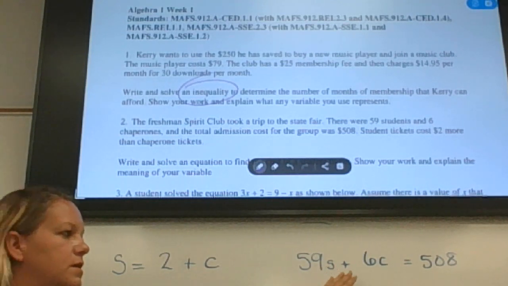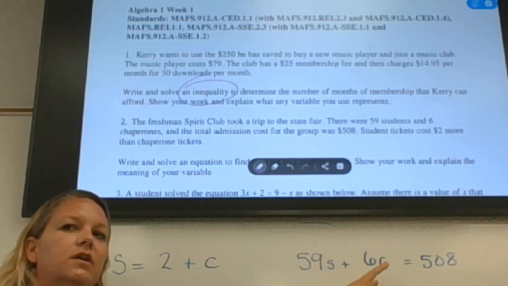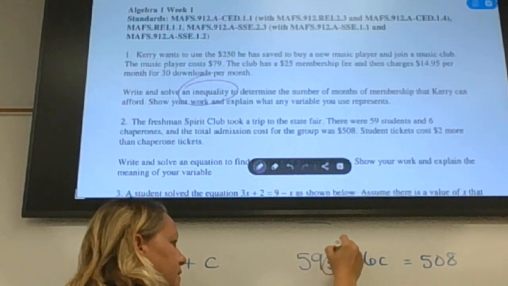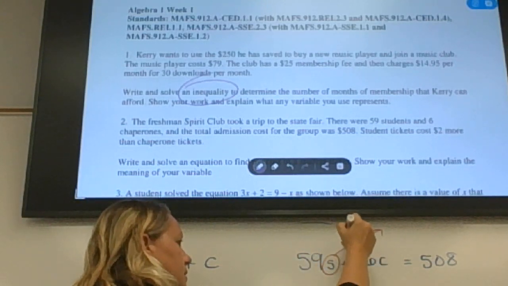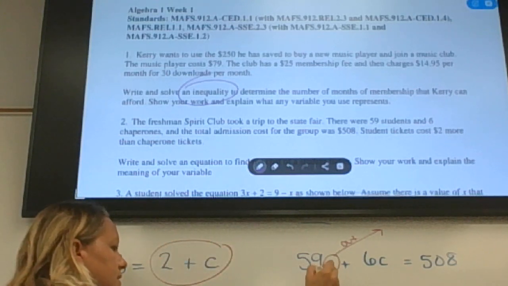So here, this isn't a good equation because there's 2 unknowns. So we're going to have to substitute in. We know that S is 2 plus C, so we're going to take this S out and we're going to put 2 plus C in.